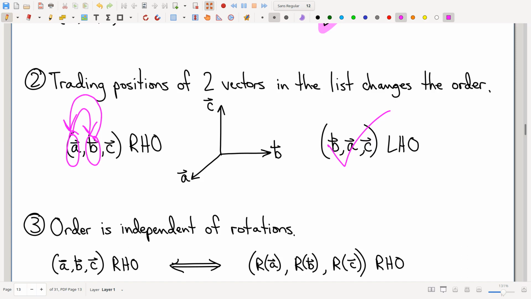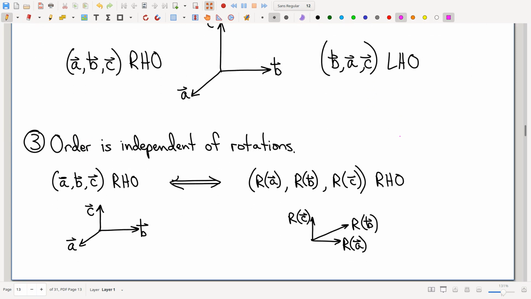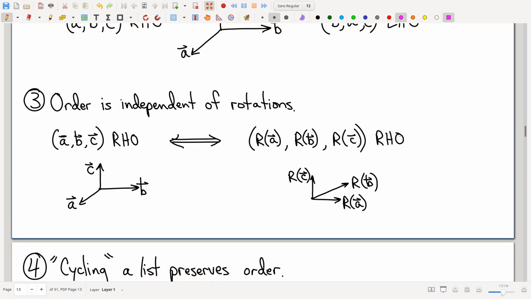All right. And then lastly, if you rotate the whole picture, then nothing changes. And this is another sort of best seen as a hand waving that if I have a right hand demonstration of ABC as being right-handed, if I rotate all of these vectors some way, well, it's still my right hand. And so having rotated them all, it's still a right-handed list.